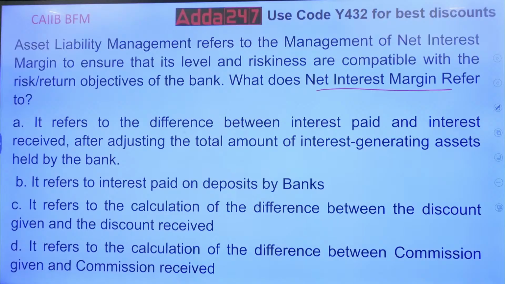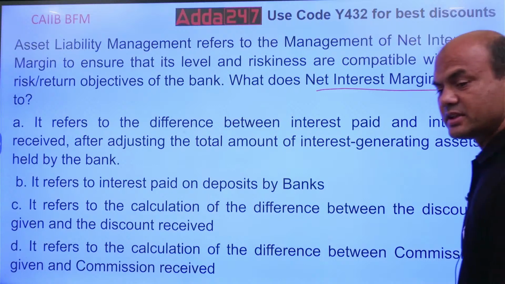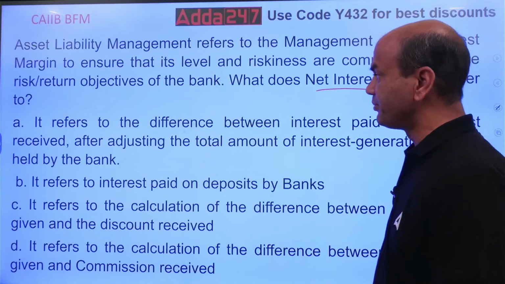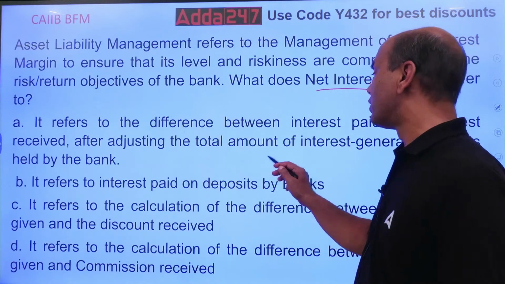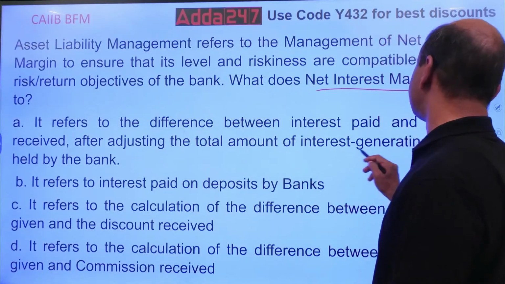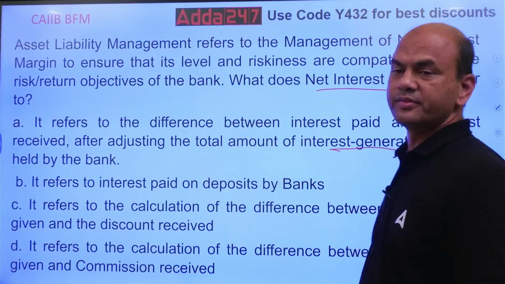Okay. So it refers to the total interest paid and total interest received, means loan interest minus deposit interest. Okay. After adjusting the total amount of interest generating assets.